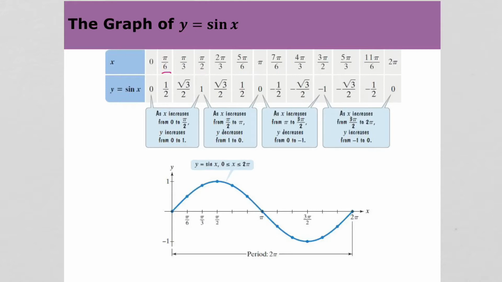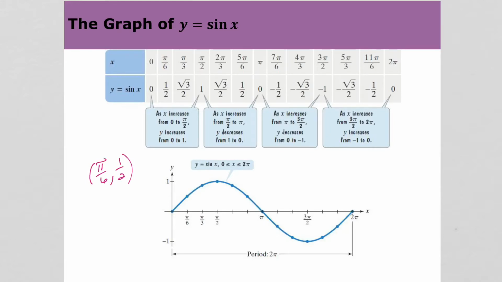So going through by pi over 6's, if you take the y values of the points that go along with those angles and plot them on a graph, you're using first the point 0, 0, of course, but then the second point is pi over 6, 1/2.